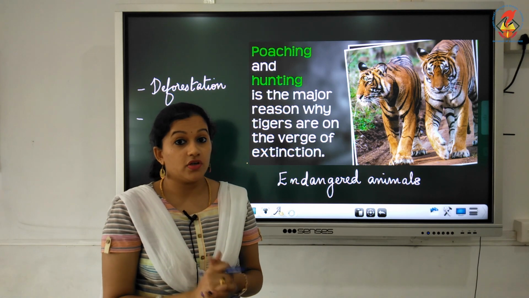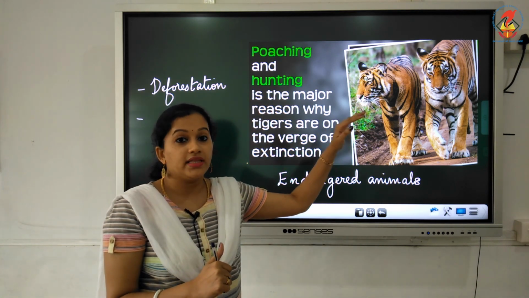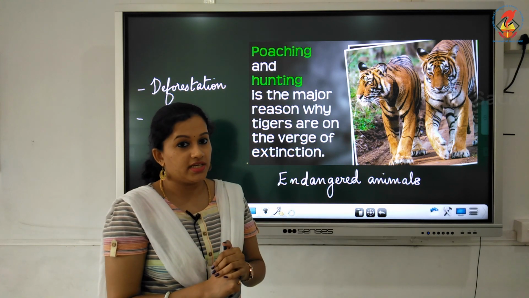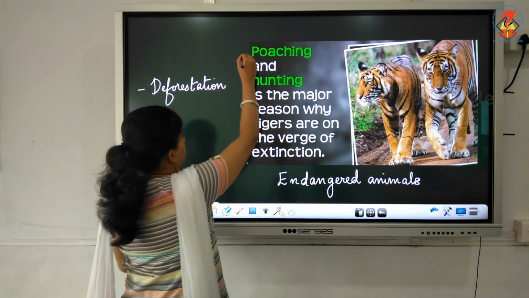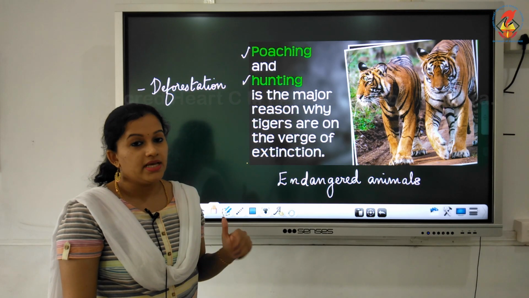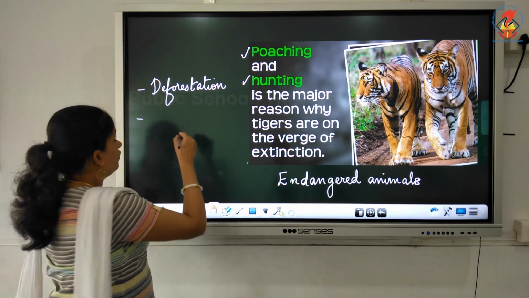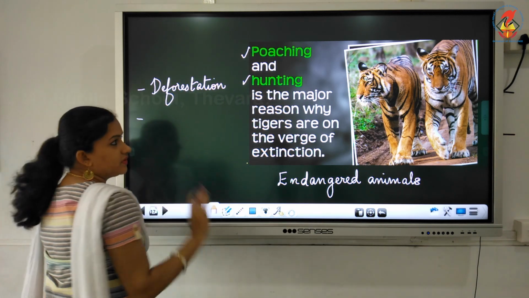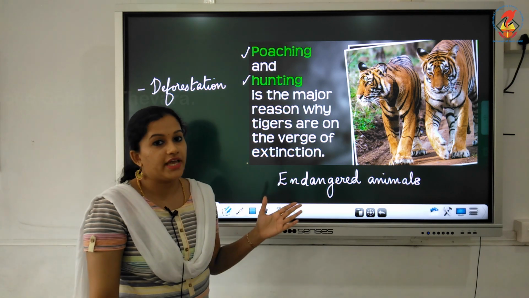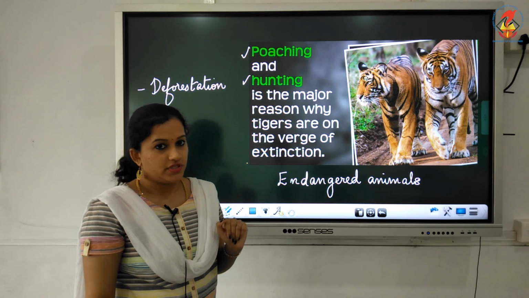And also because of climate change. Okay, so main reasons why the tiger population is decreasing: one is poaching or hunting, and the other one is deforestation. Because of all these reasons, the population of tigers is decreasing.